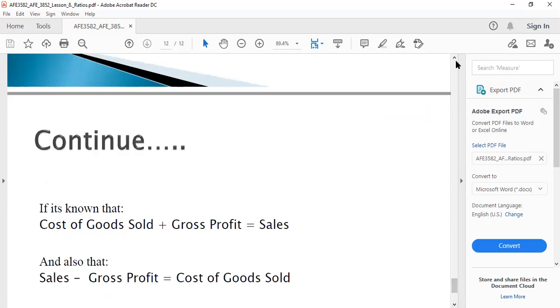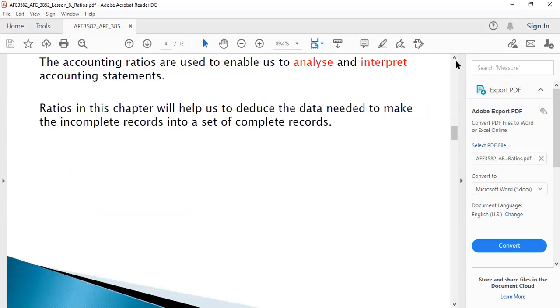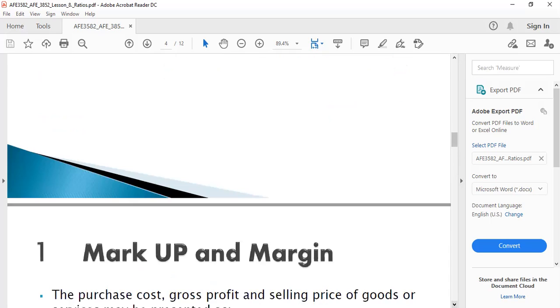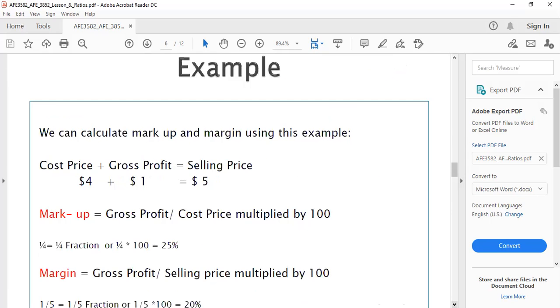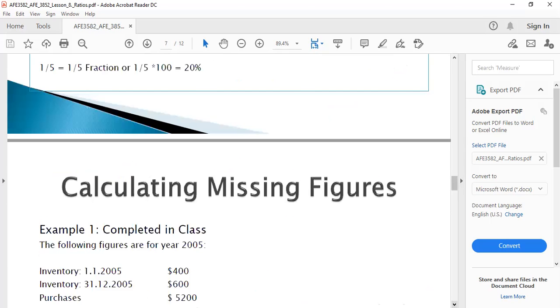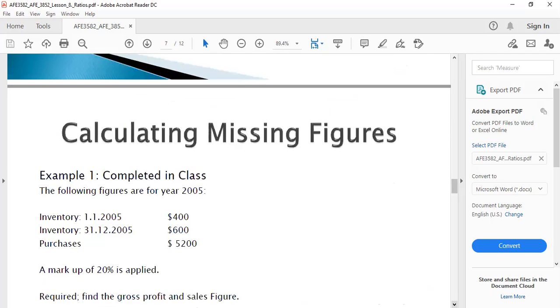We said that to calculate gross profit using markup, you need to have cost of sales. Do you understand? So what happens when you are given sales and markup?